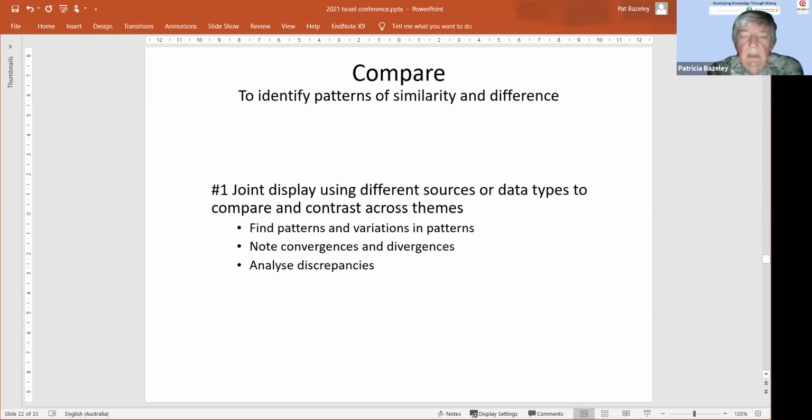We can compare. So another strategy is to compare to identify patterns of similarity and difference. And the popular way at the moment of doing that is to create a joint display where different sources or data types are placed side by side in order to compare and contrast across themes.